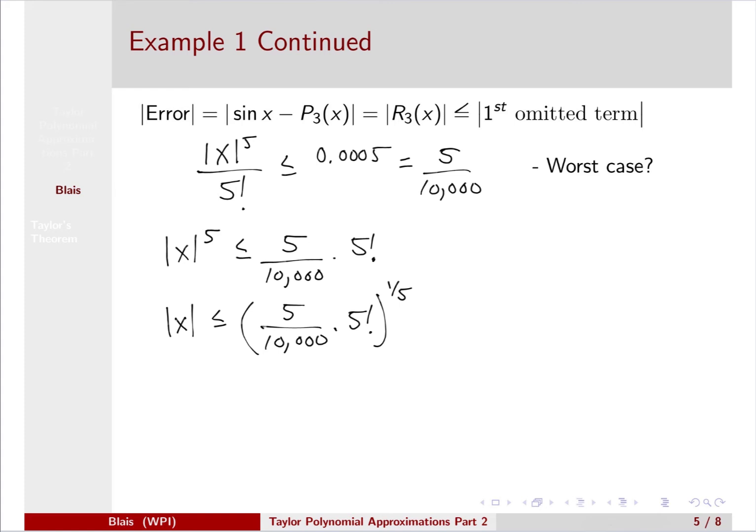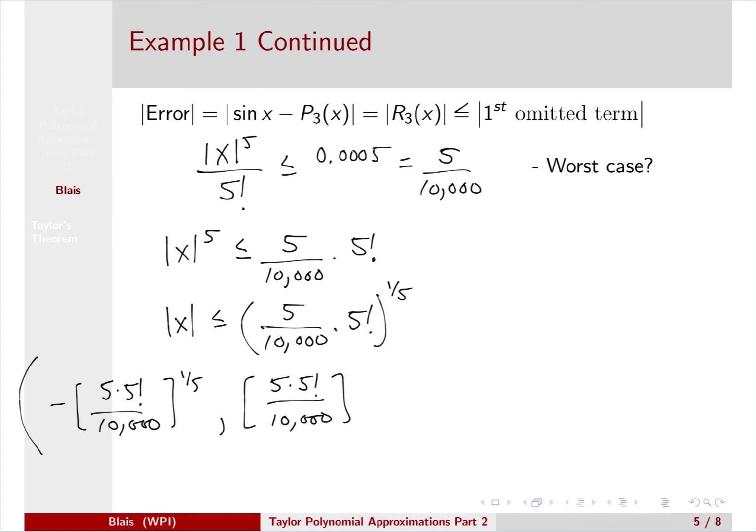which means our interval is this open interval from negative 5 times 5 factorial over 10,000 to the 1/5 to positive 5 times 5 factorial over 10,000 to the 1/5.